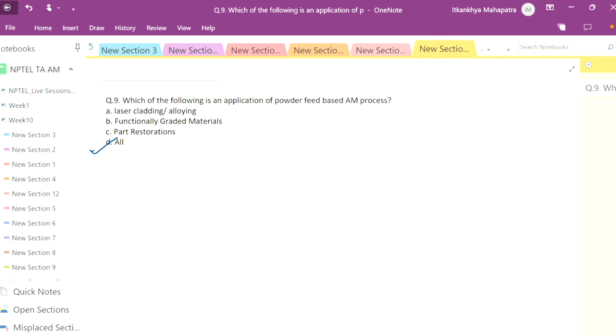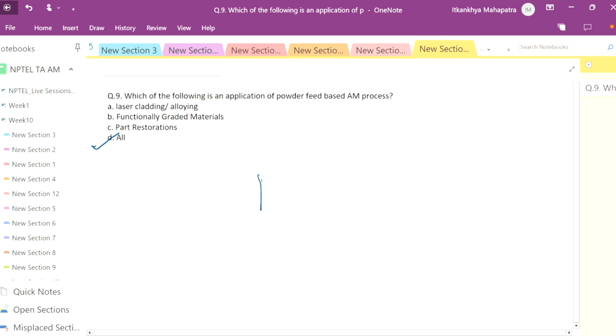Part restoration is where we discussed a turbine blade, where only that part can be restored. We change it to a mesh representation. This CAD input is provided, then it is analyzed for extracting the repair volume, and toolpath planning is done.